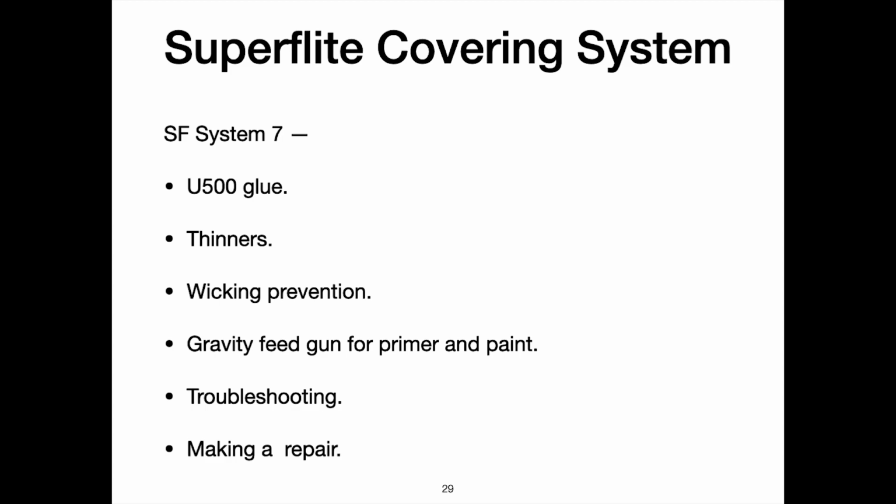Wicking occurs when the primer slips under the fabric instead of soaking into the weave as it is intended. And finally, you have to use a gravity feed gun for spraying both the primer and the paint. This system can also do the troubleshooting process and then repair it.